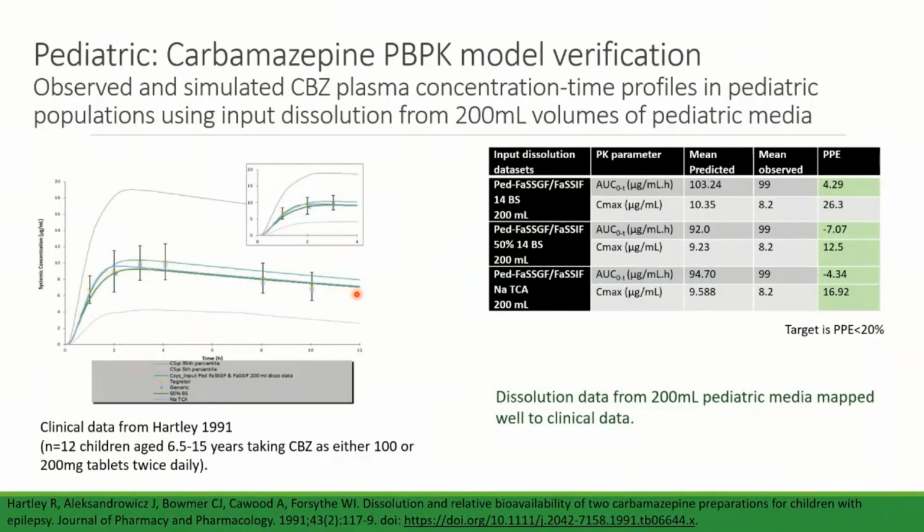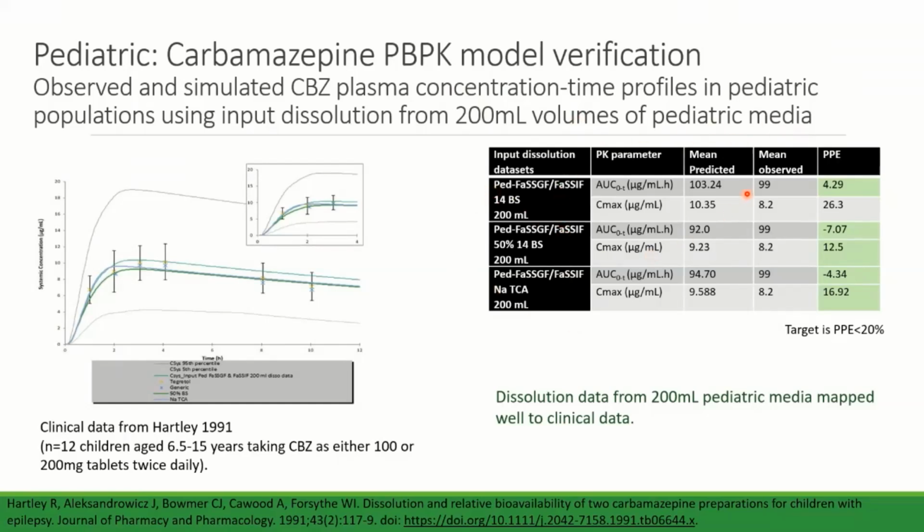This slide we're doing the same thing, but this time we're overlaying some of our data with paediatric populations. So in this case we've got data from children that we've put onto this graph, and we are overlaying here our dissolution data using the 200 milliliter volume of the different paediatric media that we had.